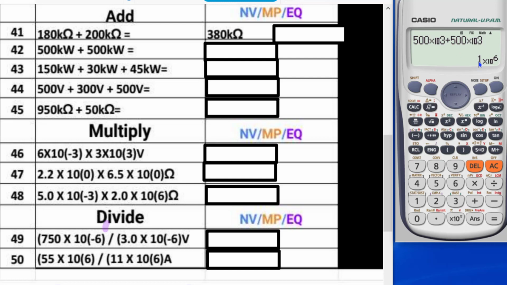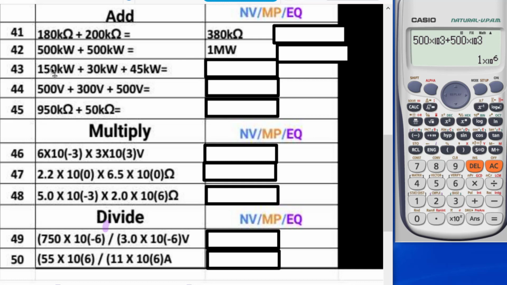So it actually takes it up to the next metric prefix, which is times 10 to the 6th, and that is 1 mega, and we're measuring watts.